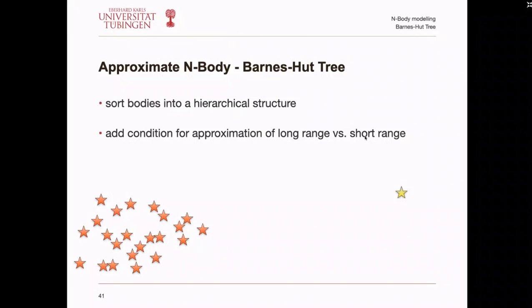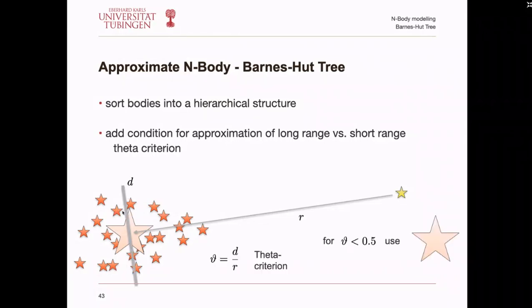So I have to know somehow when I can approximate these stars as a single star, pseudo star, and when I have to see these stars as individual particles. And this is done by the so-called theta criterion. So we have the distance to this central point, central mass, and then we say that the diameter of this bunch of stars divided by the distance gives us something like an opening angle.